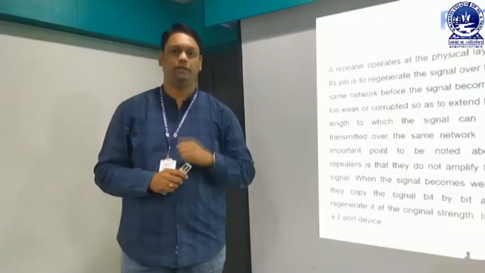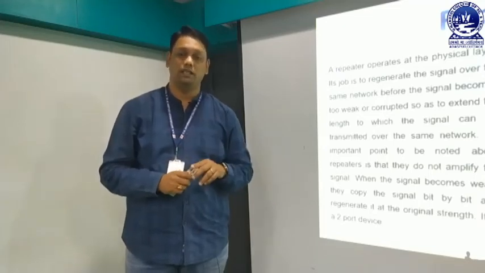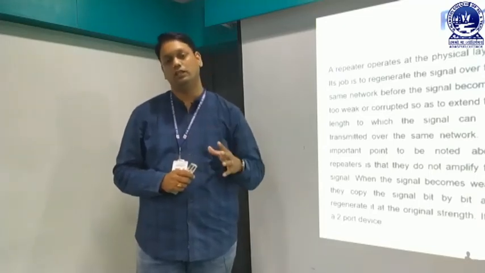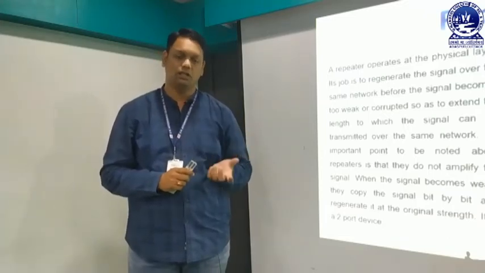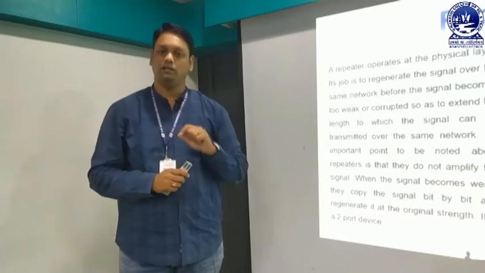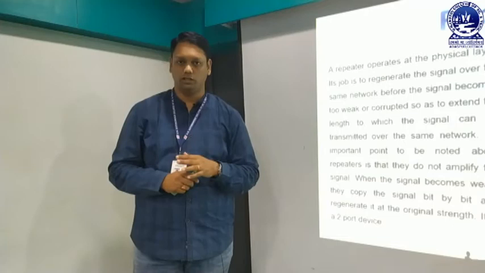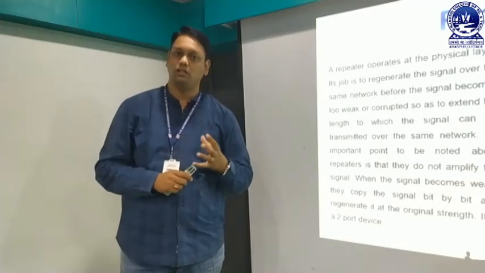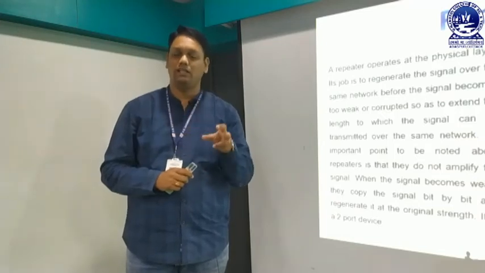Now, what do you mean by a repeater? A repeater is a device which works at the physical layer of the OSI model. We have already discussed what the OSI model is. As we know, there are 7 layers of the OSI model. The repeater works at the physical layer, that means the innermost layer of the OSI model. The repeater is responsible for regenerating signals that are weak.